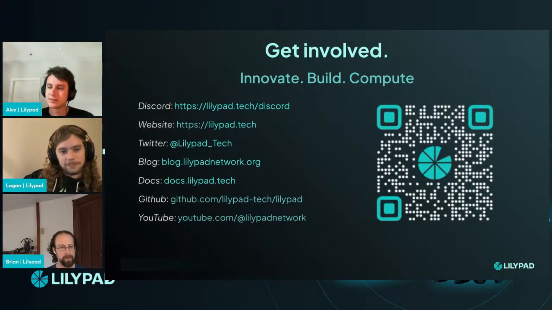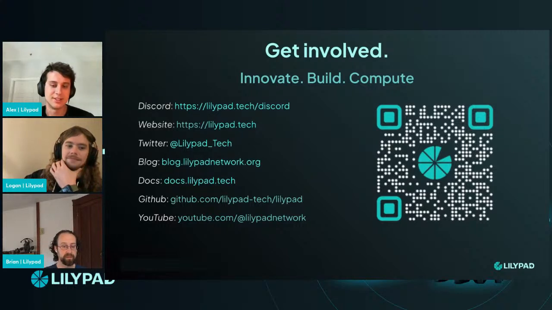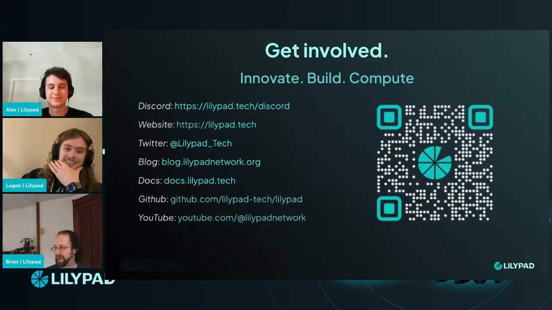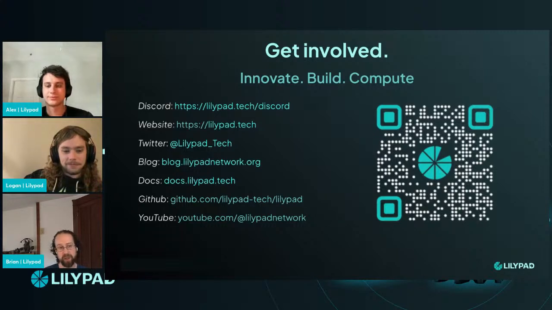Brian, I know you're working on adding traces to the solver, the deal making engine of Lilypad. Super excited for that too. That'll help us get a little more visibility. Yeah, the solver really does a lot of important work in examining a job offer and a resource offer to make sure that it's going to be a good deal, and that the resource provider can run the requested job.